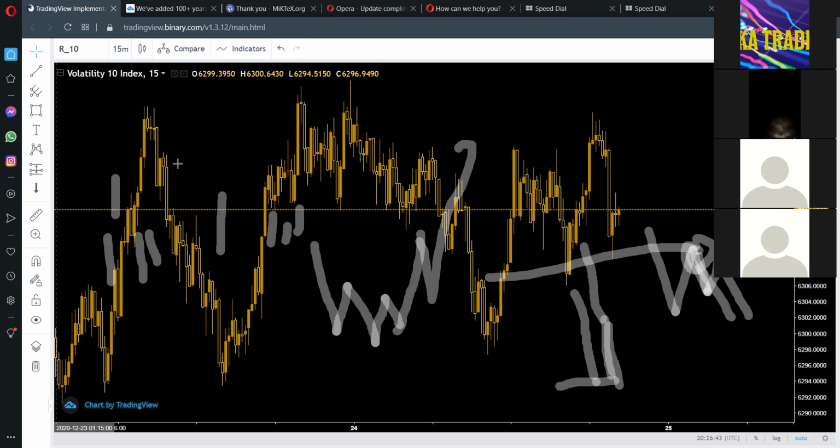When you wake up, try to analyze all the assets. If you're able to analyze 5 of them, definitely 2, 3 or 4 of them will follow your strategy. When you get the one following your strategy, focus on that asset. But the one that is not following your strategy, you must stay away from it. Do you get it?